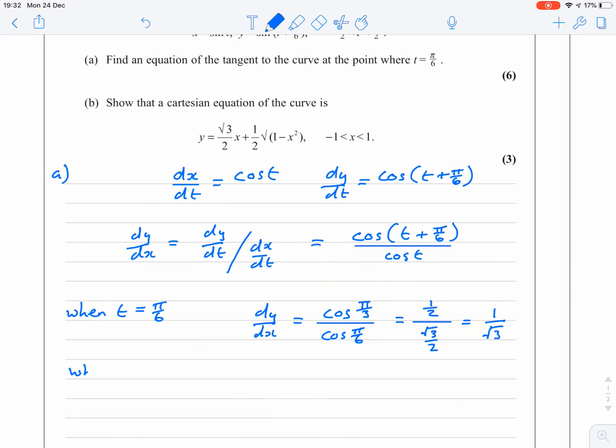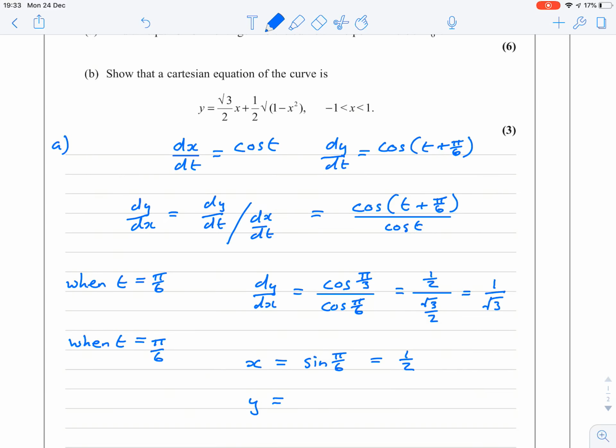We also need the coordinates. So when t is pi over 6, x is equal to sine t, which is sine pi over 6, which is a half.